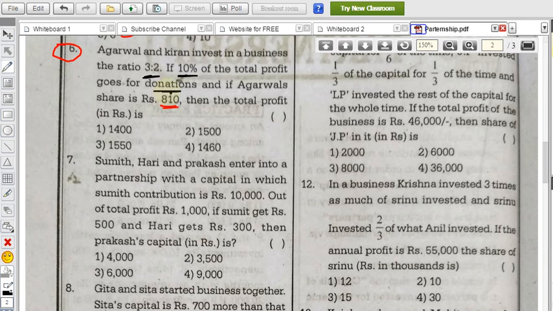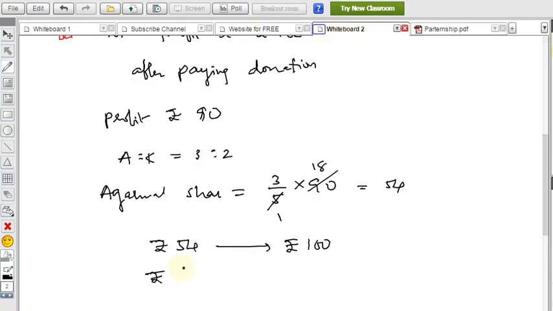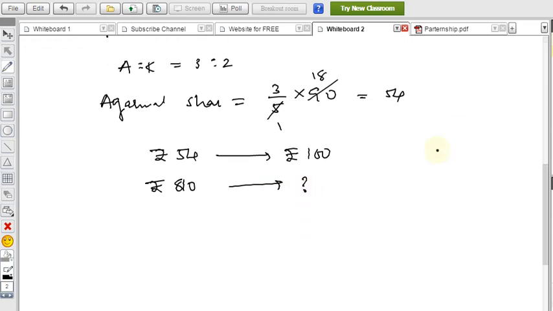So if Agarwal's share is 810, then we can do a cross multiplication: 810 into 100 by 54.